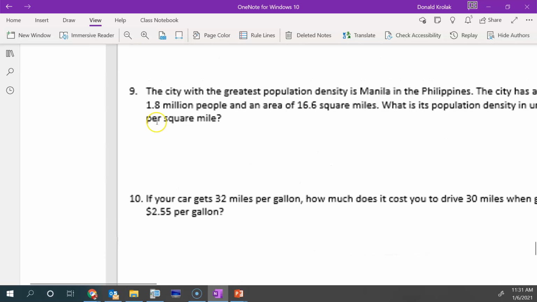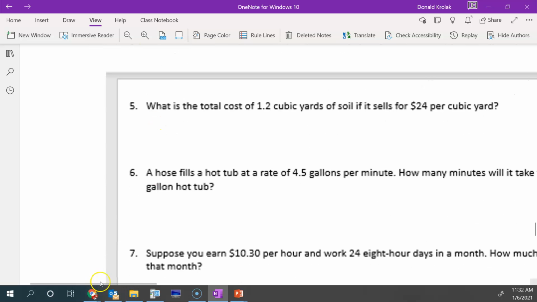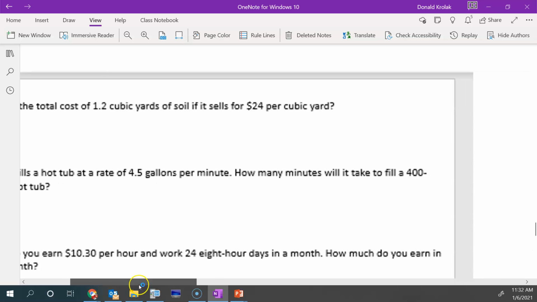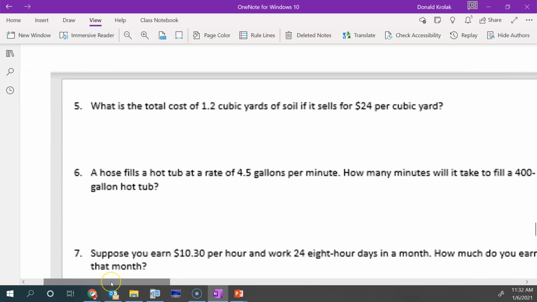When you buy stuff like gravel, dirt, concrete, you want to pour a foundation for your house or a patio or a shed, you buy it in cubic yards. Okay, so a cubic yard. If I said how long's a yard, it's about the length from your nose to the tip of your finger.